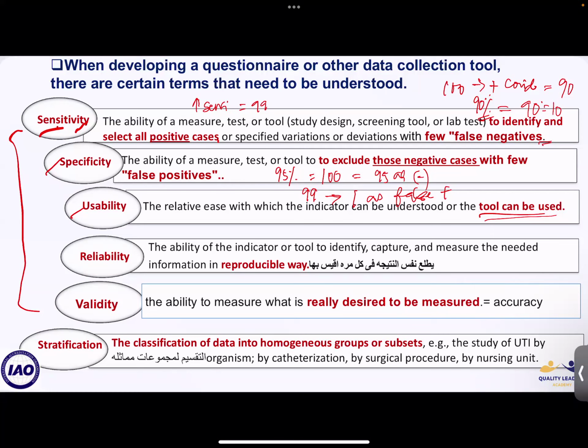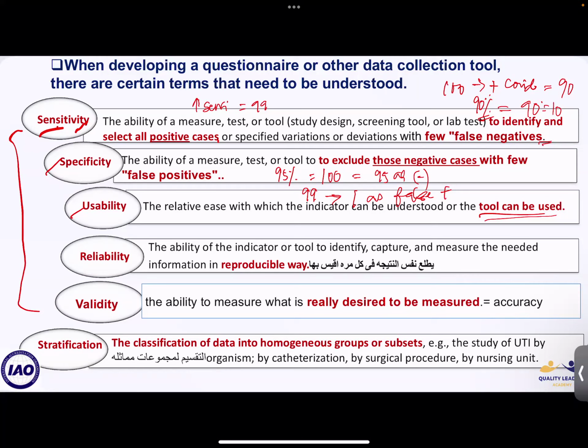The answer is there is no reliability because the measurements are inconsistent.